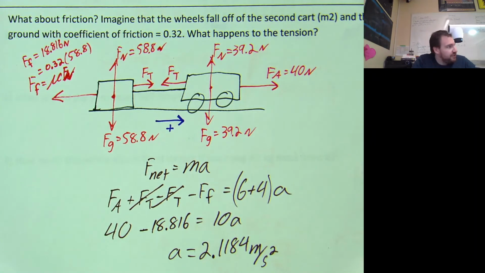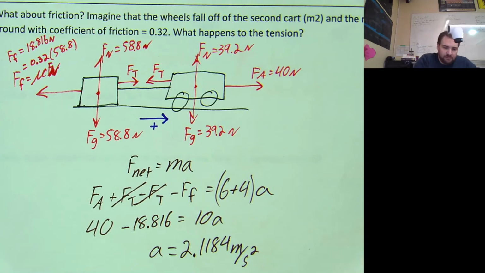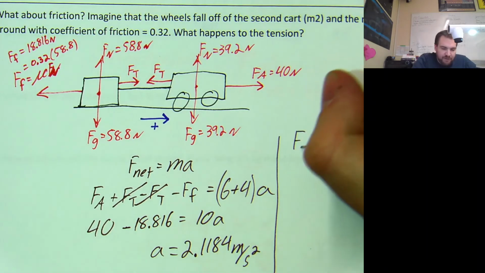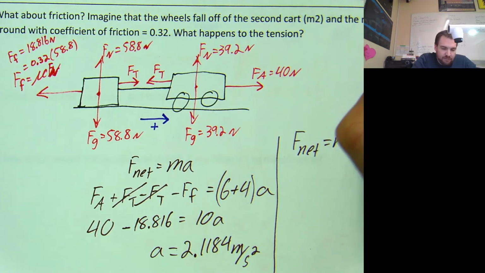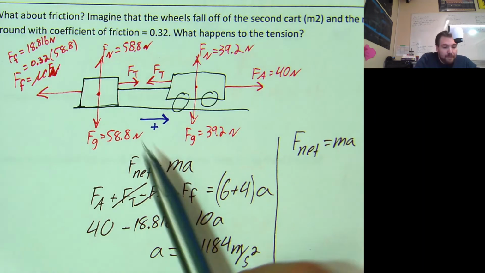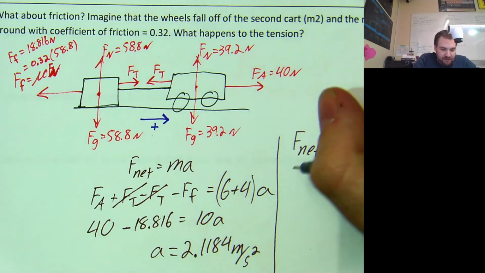Now to find the tension, we focus our attention on one block. Which block do you guys want to use? Left one again? Okay. So then what's my F net equation going to be for the left block? If we look at just the left block, Ft is acting in the positive direction, minus Ff, good.